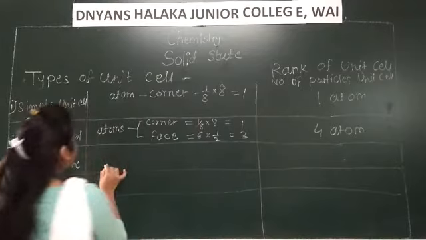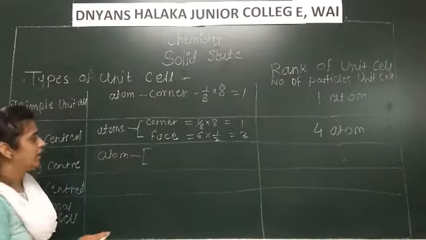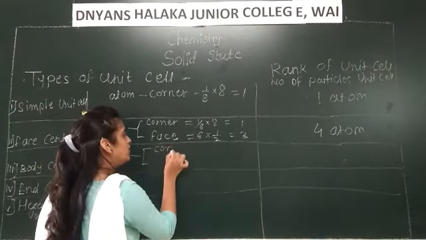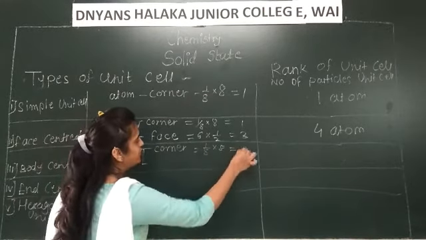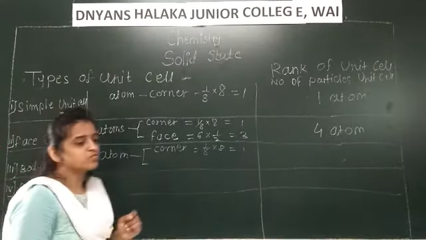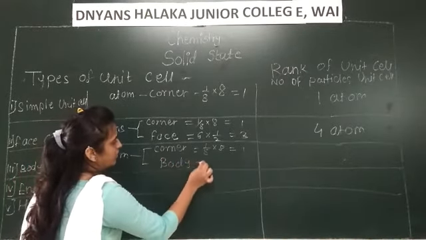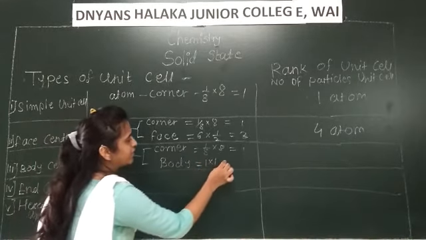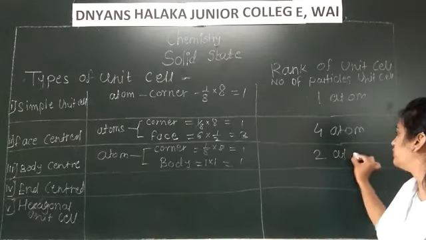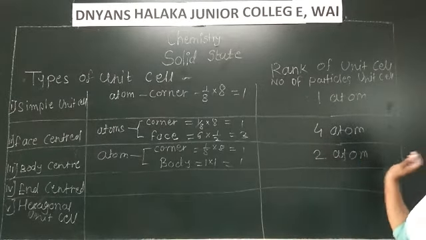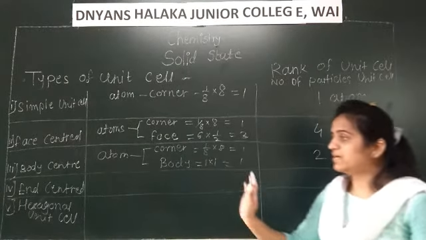Next, body center unit cell. So atoms in corner: 1 by 8 into 8 is equal to 1, and body center means 1 sphere inside this cube, means total 1 into 1 is equal to 1 atom. So 1 plus 1, 2 atoms or 2 rank, or number of particles present in body center unit cell.